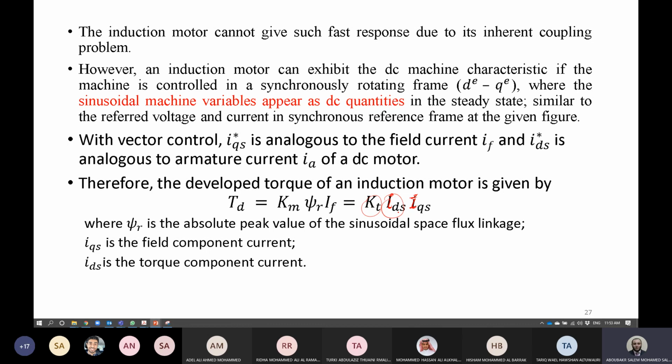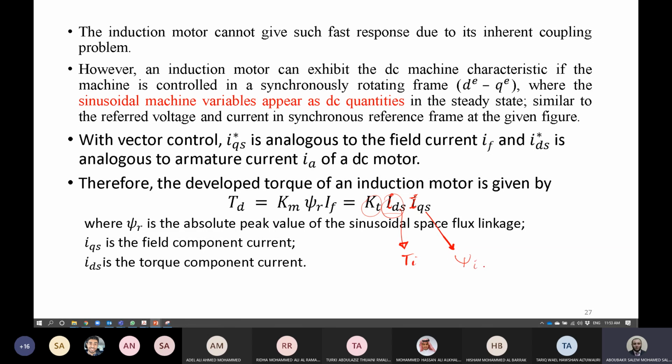Now, ID will be the torque component current, so ID all the time will represent torque. And IQ is the field component current. So this is considered as flux, and this is considered as torque current.